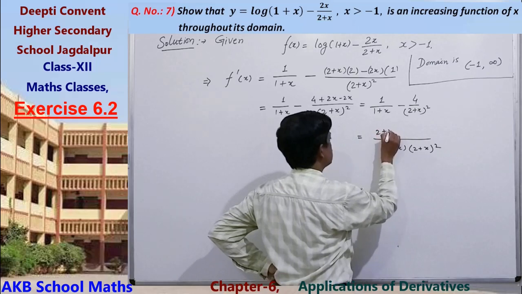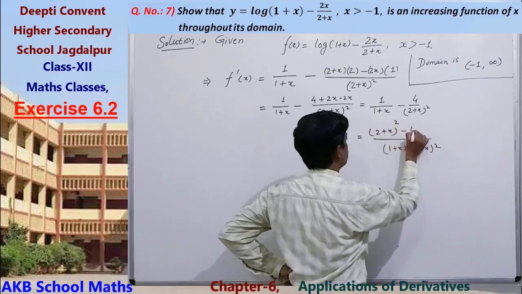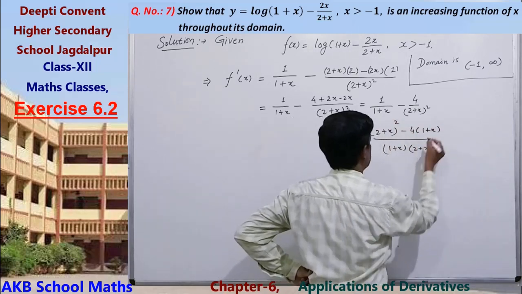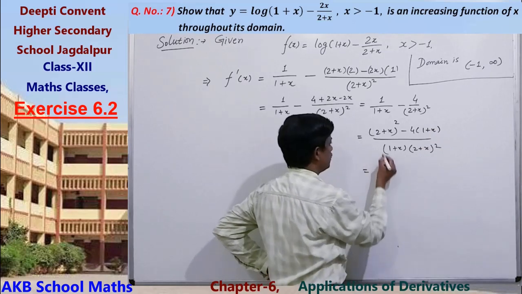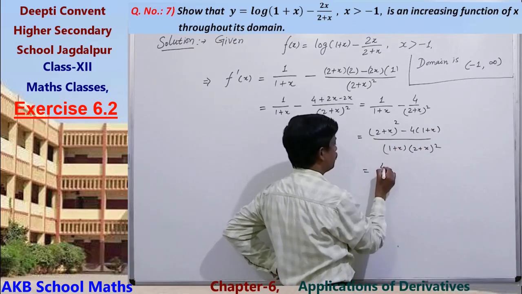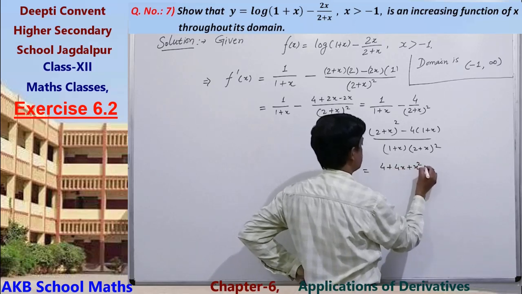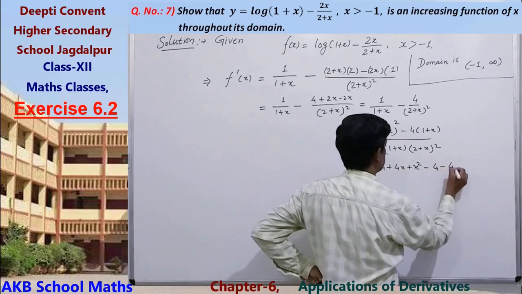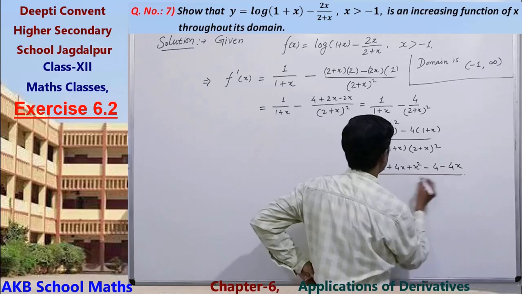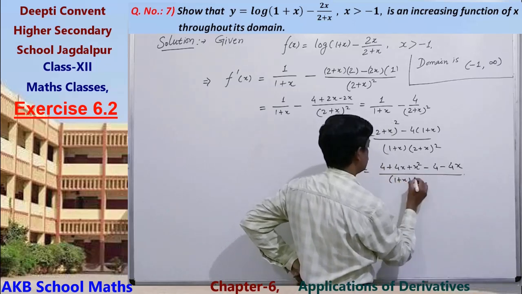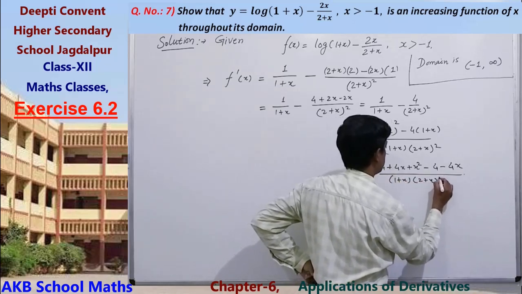Using a plus b whole square, 4 plus 4x plus x square minus 4 minus 4x upon 1 plus x into 2 plus x square.